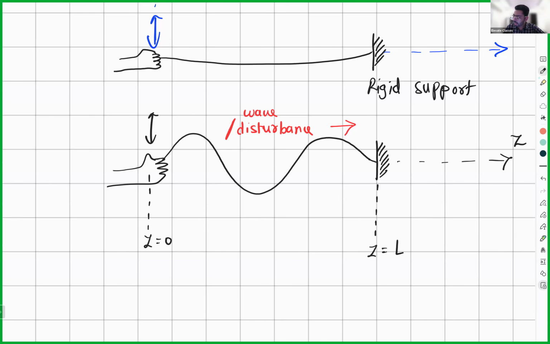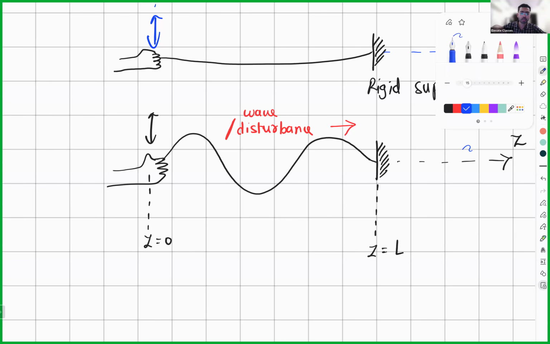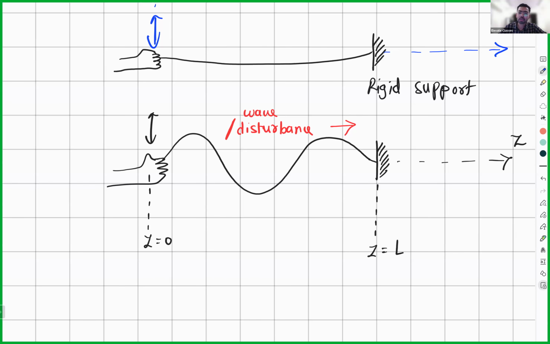Now you see, if my hand is doing SHM, simple harmonic motion, then all the particles on the string are also performing an SHM, but with different phases. Okay, so what is on your screen is a single snapshot of the wave that is getting generated.